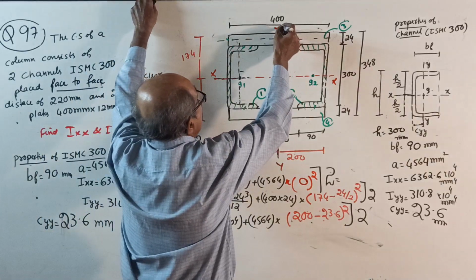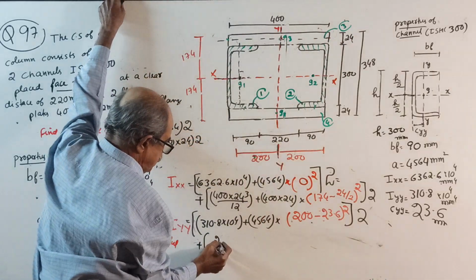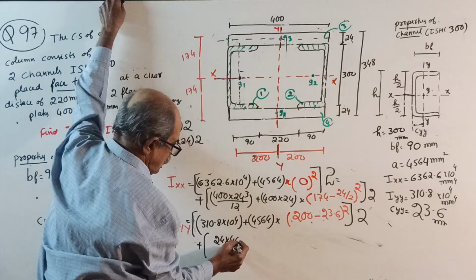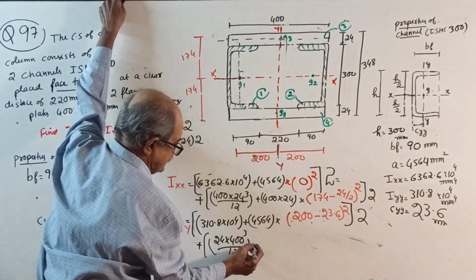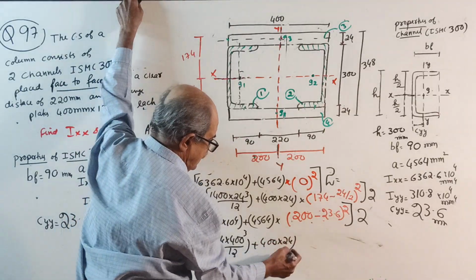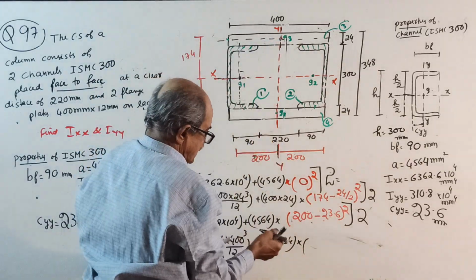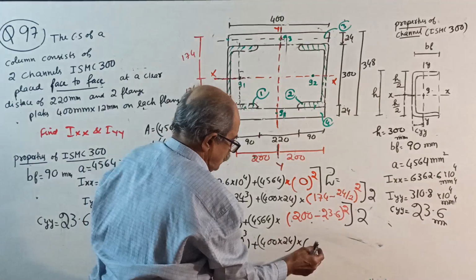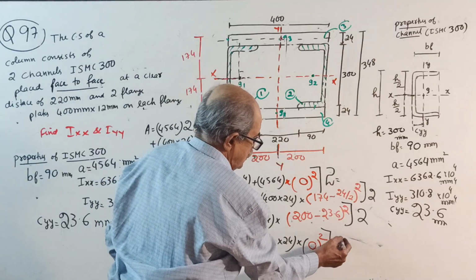Plus plate: I about its own centroidal axis, 24 into 400 cube divided by 12 is Ig. I will not explain now why. Plus 400 into 24 is the area into G3 lies in YY, 0 square. Multiply by 2, get IYY.